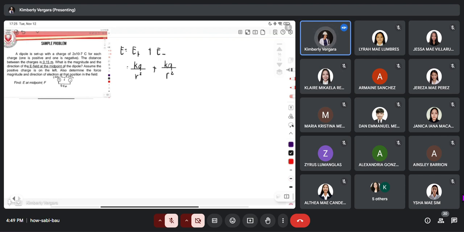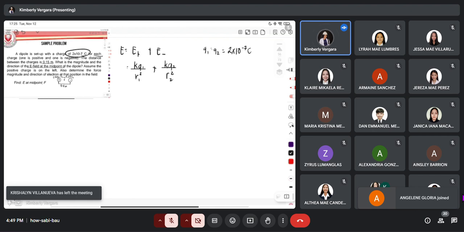As stated here, 2 times 10 raised to negative 7 each. Meaning, Q natin, Q1 and also Q2. Let's say this is Q1, Q2, R1, R2. So, it is 2 times 10 raised to negative 7 coulomb.